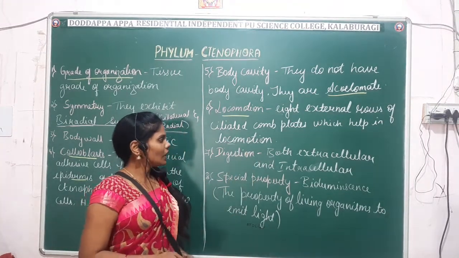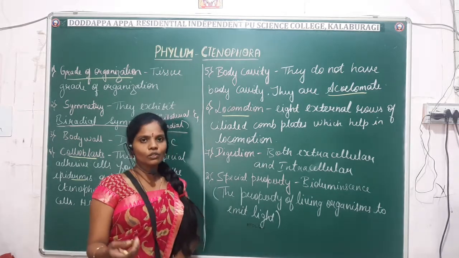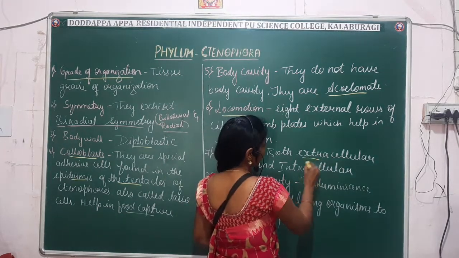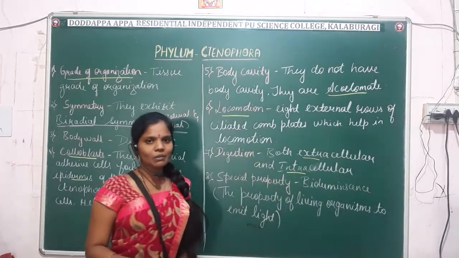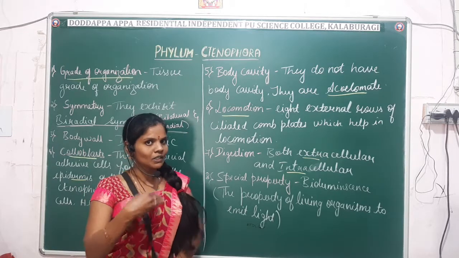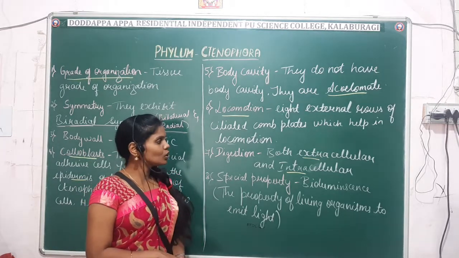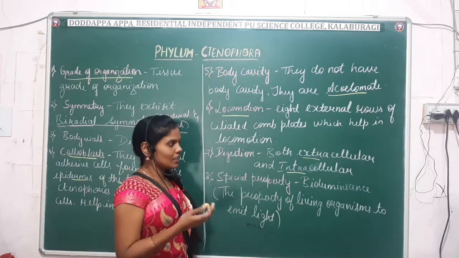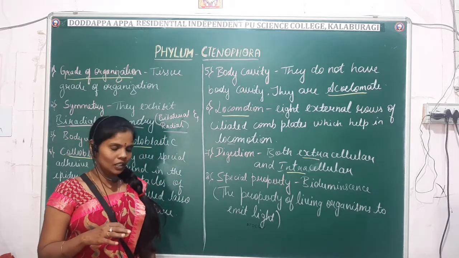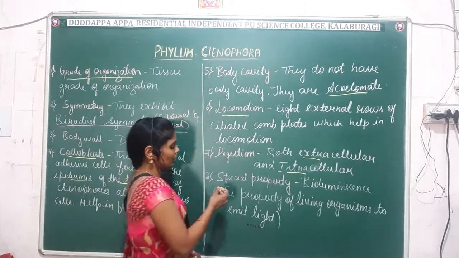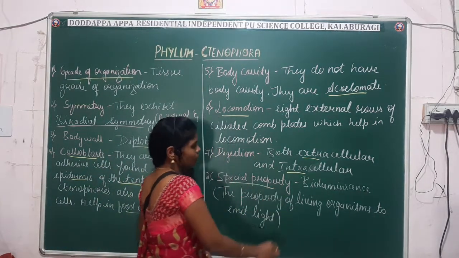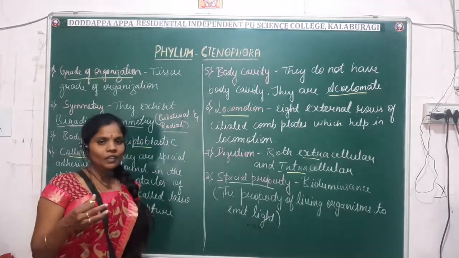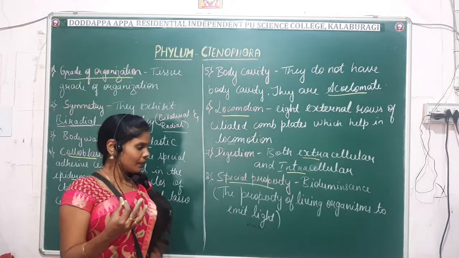Next comes digestion. In ctenophores, digestion takes place both extracellularly and intracellularly. You already know what extracellular and intracellular digestion mean, as we have studied in detail. Next comes the special property of the ctenophore, bioluminescence. Ctenophores emit light.